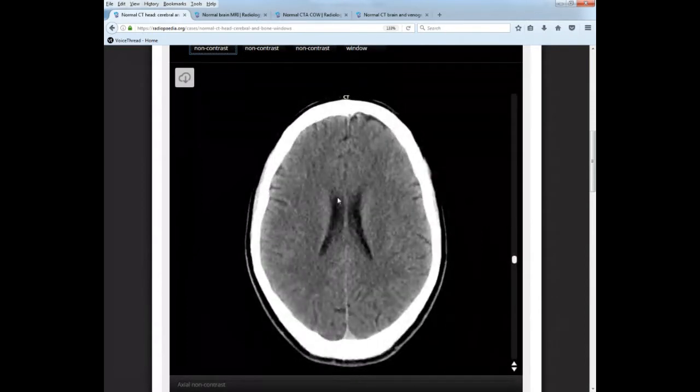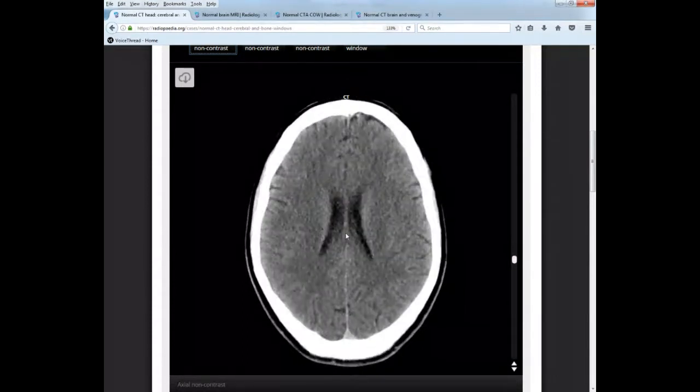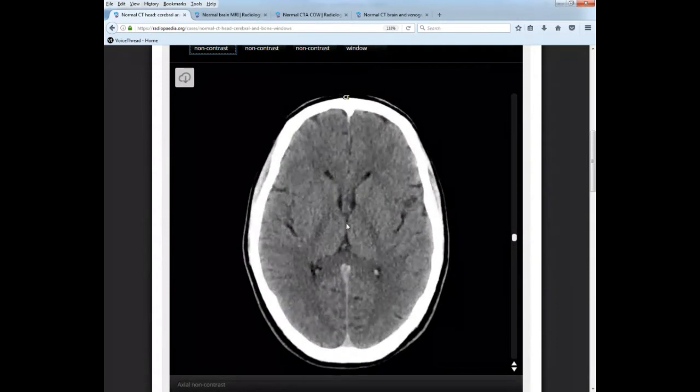So we have lateral ventricles. The lateral ventricles are separated by the septum pellucidum, right there. Just posterior and inferior is going to be your 3rd ventricle. It's just right here, okay? And this is your foramen of Monroe coming down there.